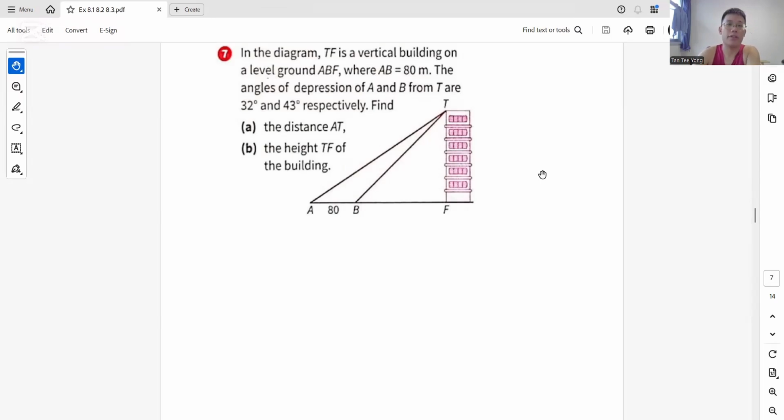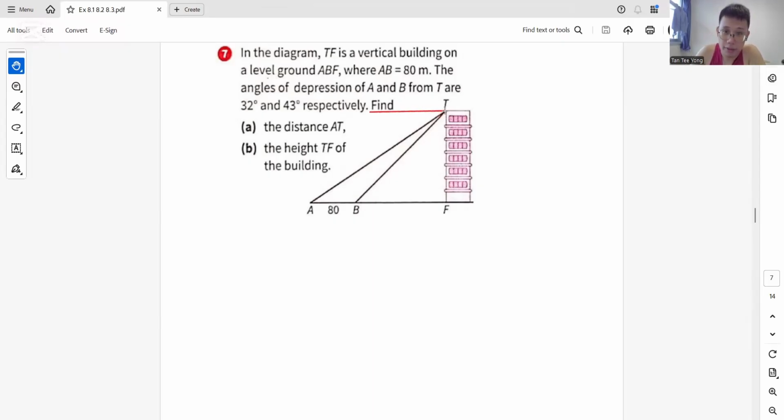Let's take a look at question 7. In the diagram, TF is a vertical building on level ground ABF, where AB is 80 meters. It's given on the diagram. The angles of depression of A and B from T are 32 and 43 degrees respectively. For the depression of A, I will draw a horizontal eye level.